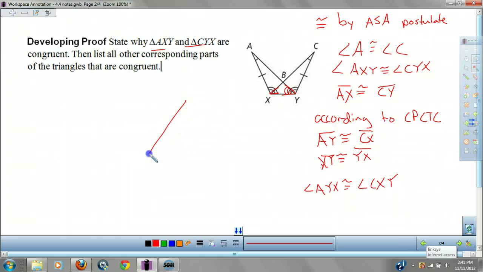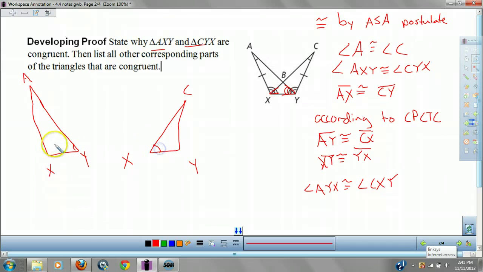If you ever get stuck, don't be afraid to redraw these triangles. And then when you go through the angles, you can see these two match up, these two match up, these ones match up. Another way to do it.